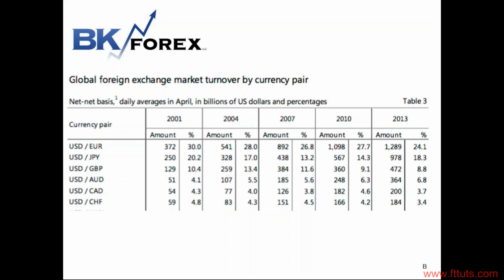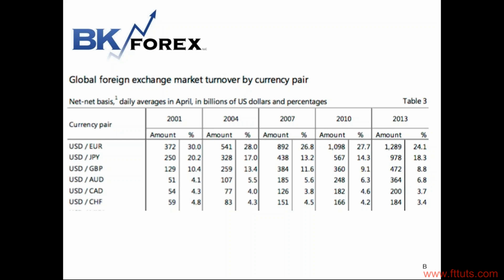Not all currencies have the same amount of liquidity. The euro dollar is hands down, if you look at the right-hand side of the table, the most actively traded currency pair out there.